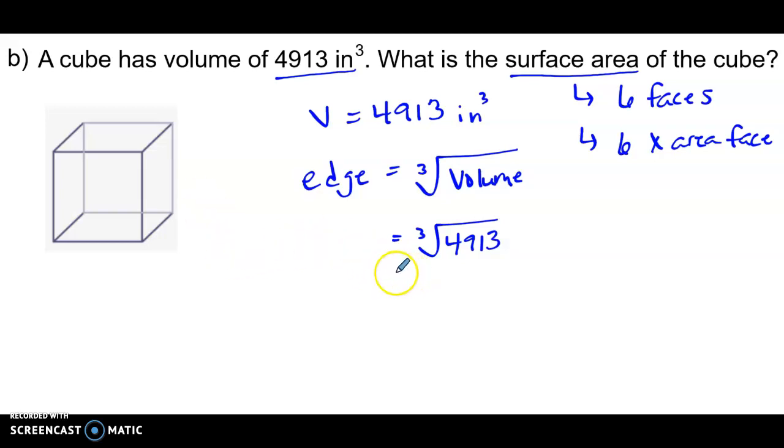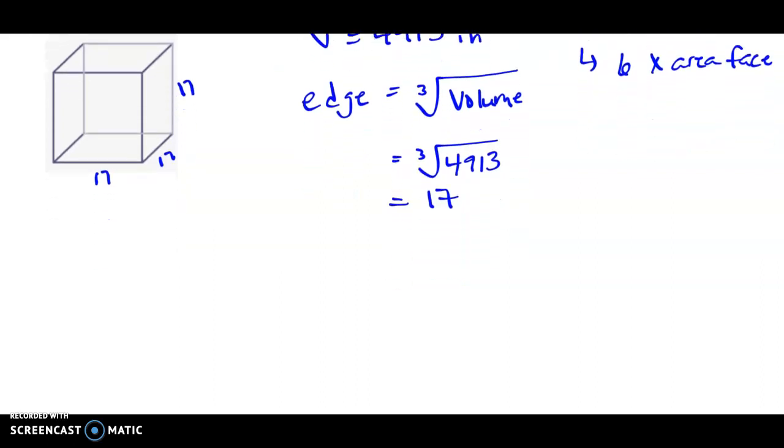And you should find the calculator will give you an answer of 17. So if we think about our picture, that means each of these edge lengths are 17. Remember, our question said, what is the surface area of the cube? So all we found so far is the edge length. We need to look at now the area of one face. So our next job is to find the area of one face.